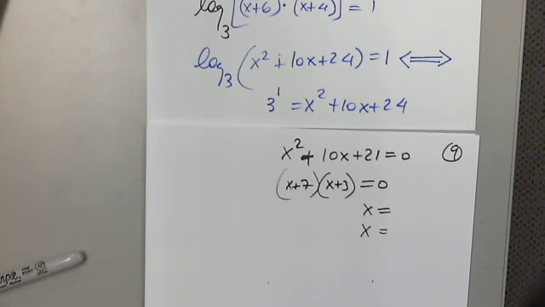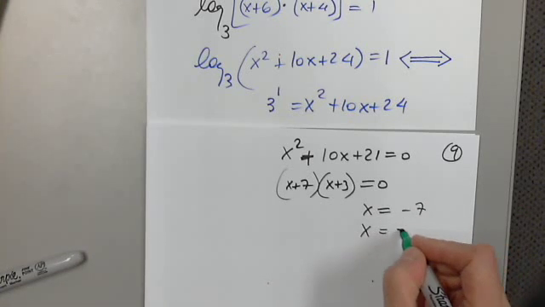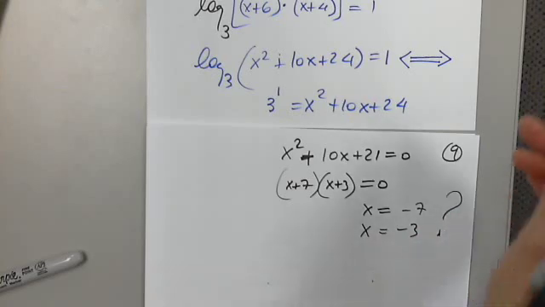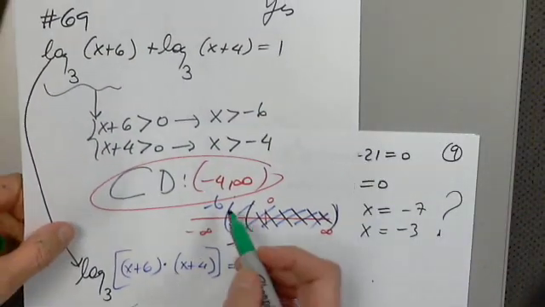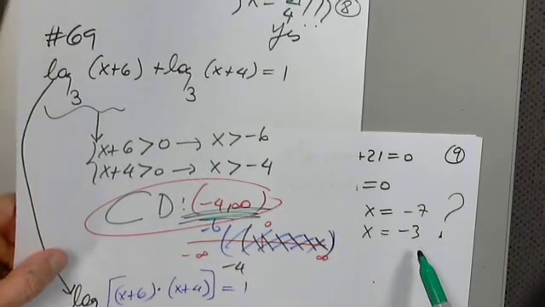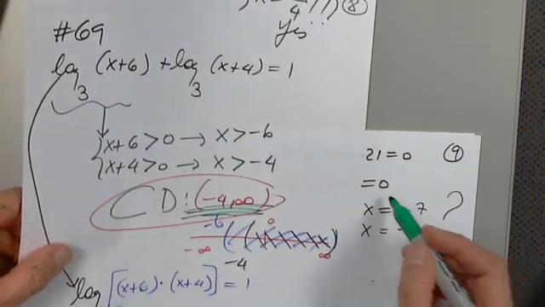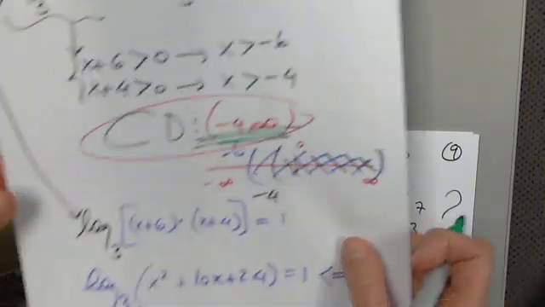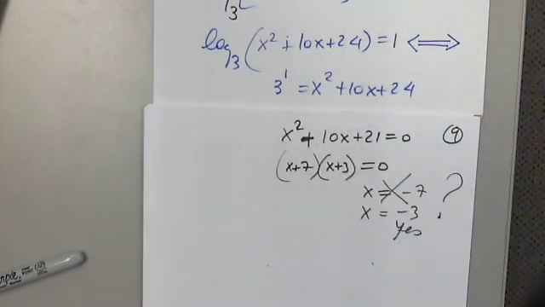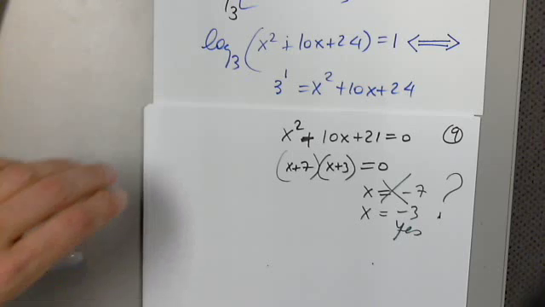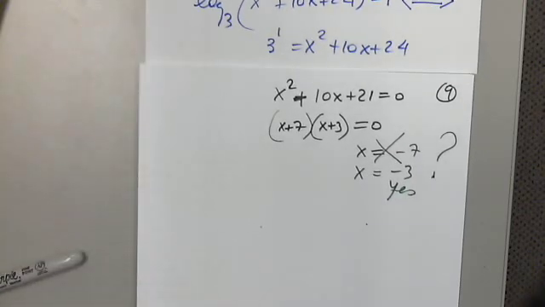What are they? Not so fast. Otherwise, you have to go back, replace x everywhere by -7 and check, or go back and replace x by -3 everywhere and check.